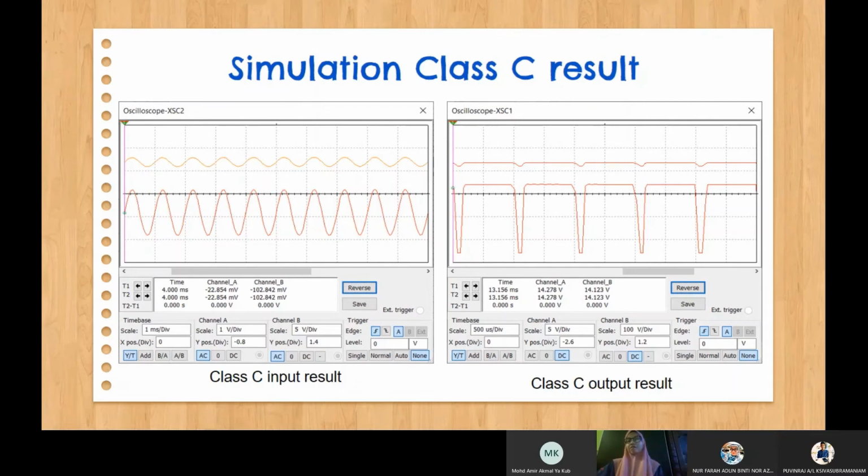Less than half of the AC input signal will be amplified and present at the output terminal. Very high distortion occurs when the transistor is at cutoff mode during the negative cycle of the input signal. So this is why we get a very high distortion on the output result.